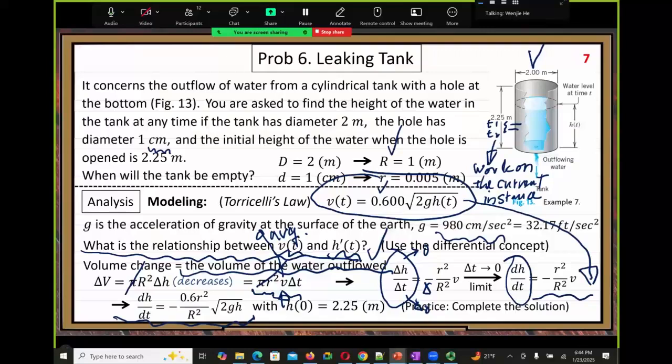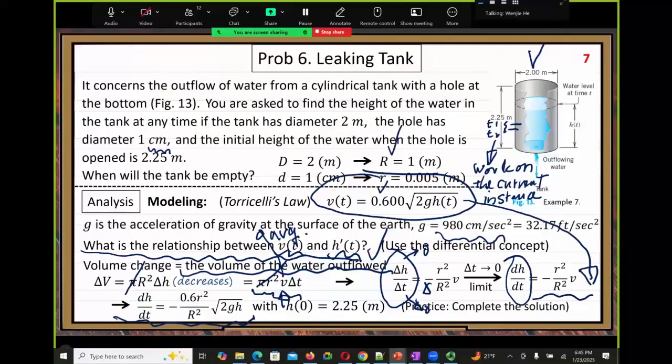Then solve this differential equation. It's a separable ODE. The r's and the g are just constants. So I do not do it here. In our textbook there is a detailed solution. Here I help you understand the details.